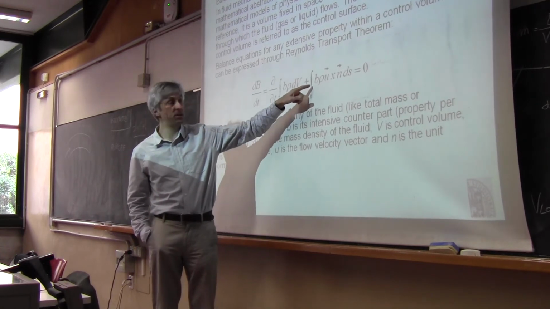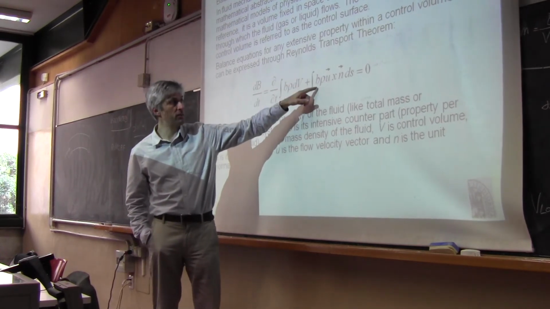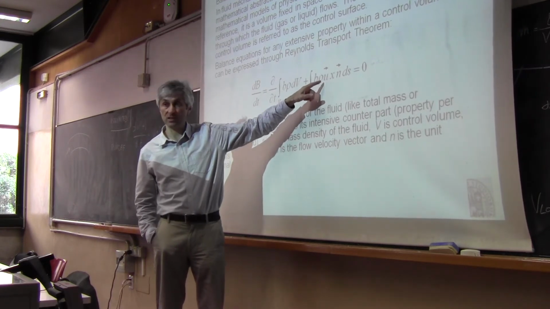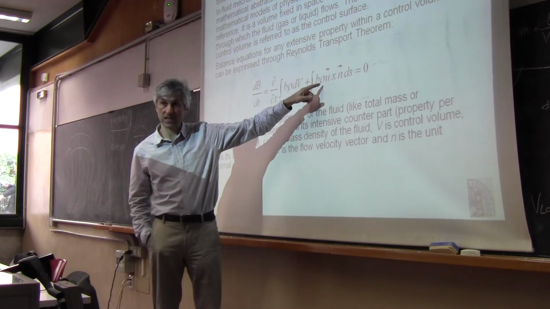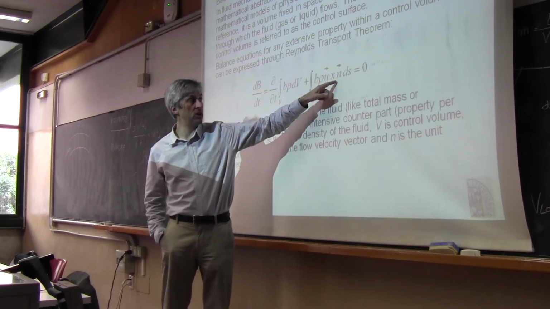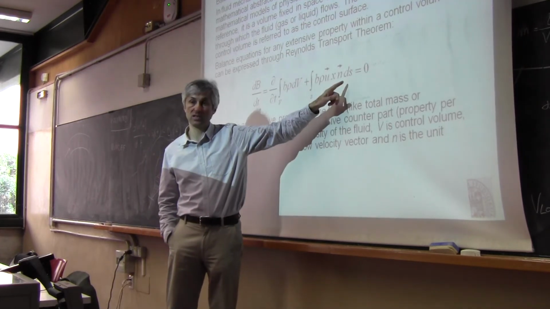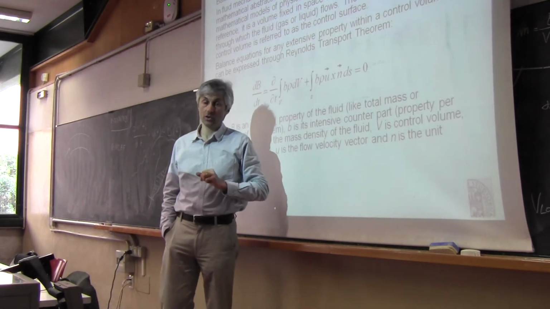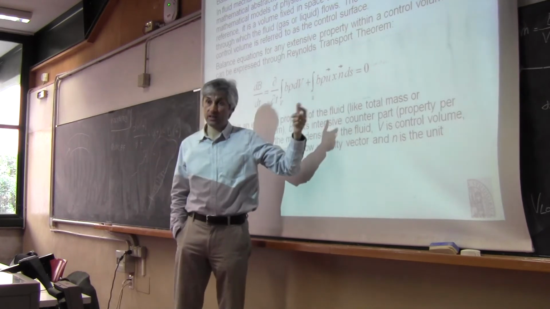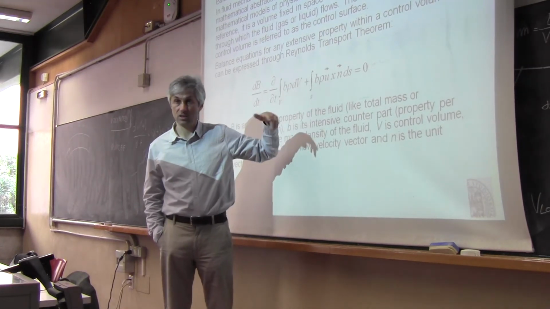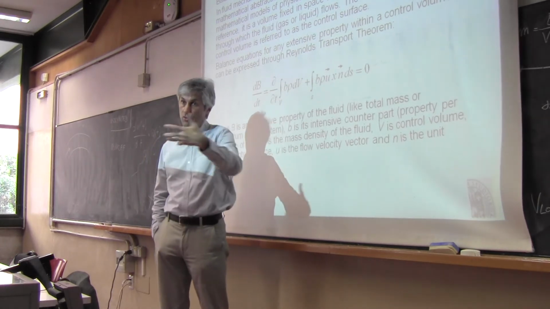Again, the intensive property, the density of mass of the fluid, times the velocity of the flux times the outgoing normal unit vector through the surface dS. So you see that in order to consider this contribution as a flux, you also need to know the velocity of the entering fluid.